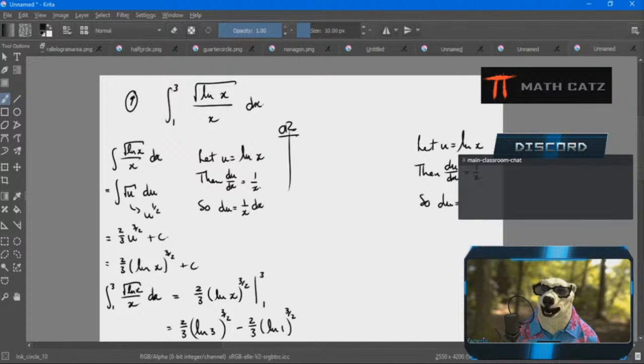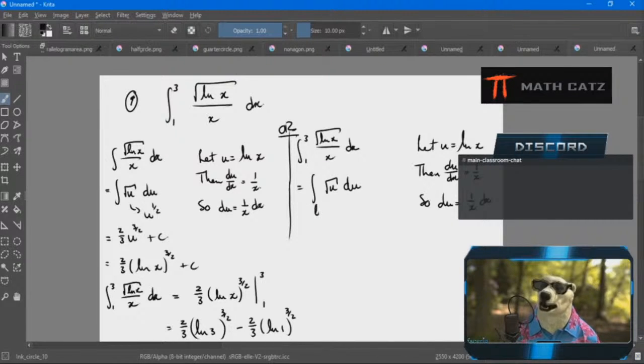I'll just write it down again. Then I see, oh, there's no adjustment necessary. I'm good to replace this completely as, again, root u du. But now the 1 and the 3 refer to x. So I'm going to have to replace them as well.